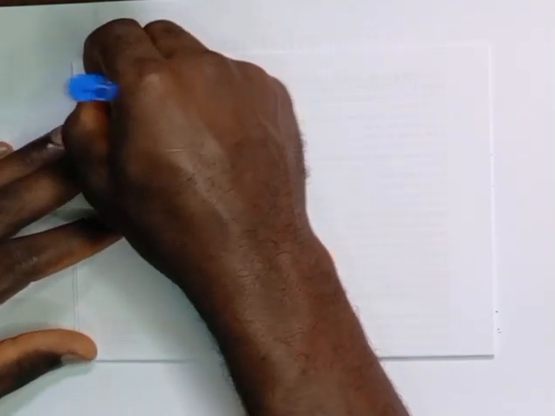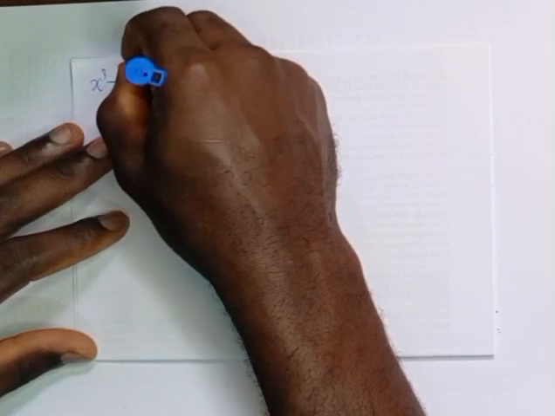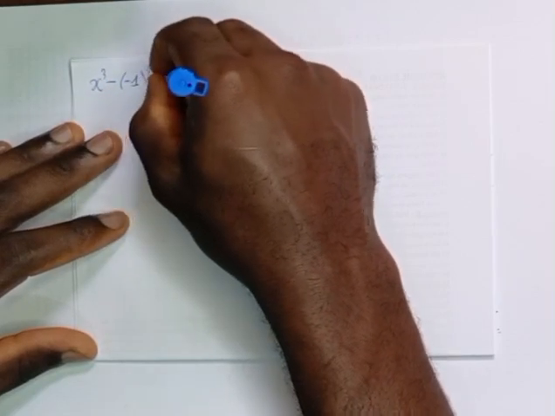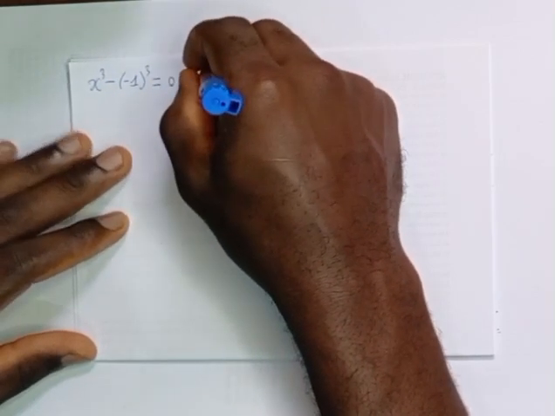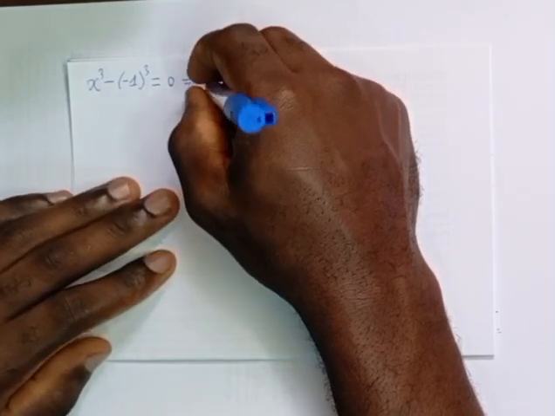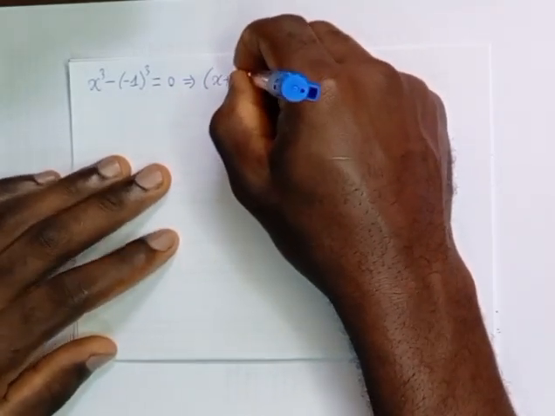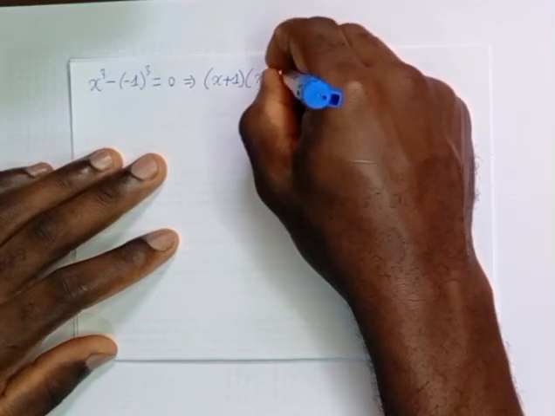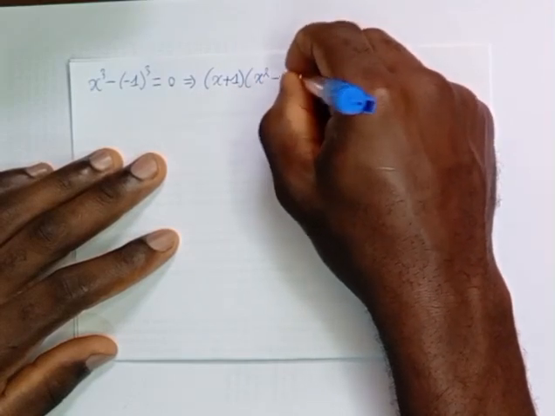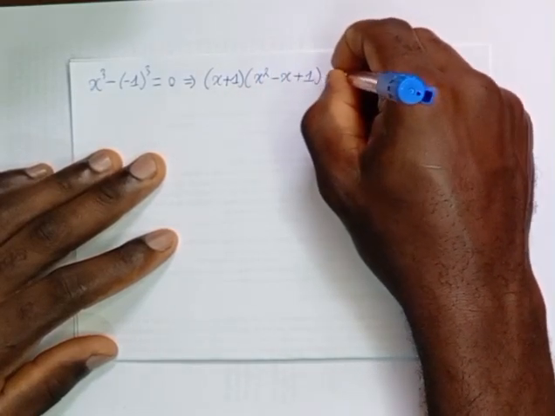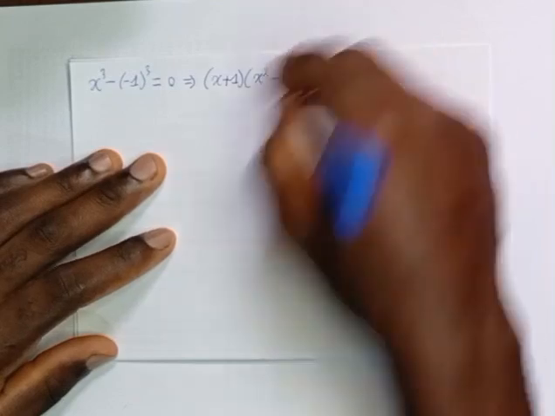x cubed minus (-1) cubed equal to 0 will simply imply that x plus 1 times x squared minus x plus 1 is equal to 0.